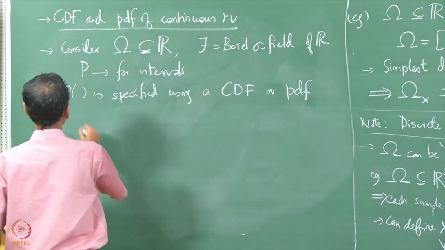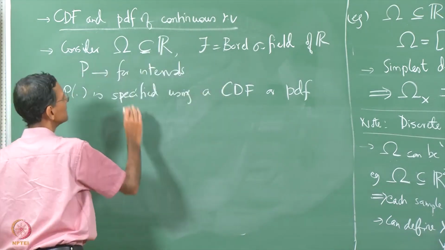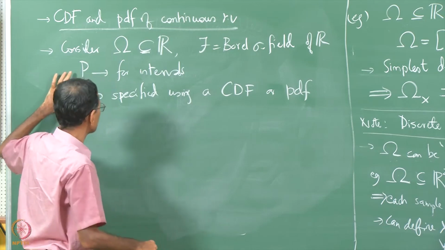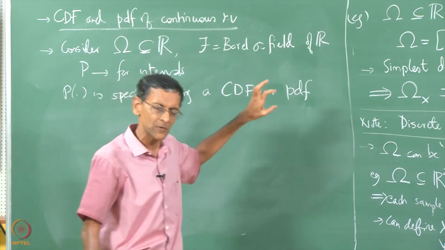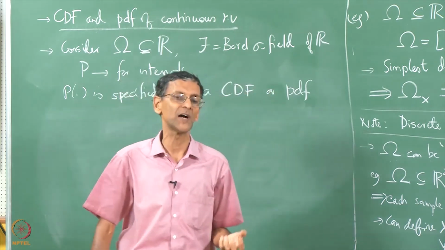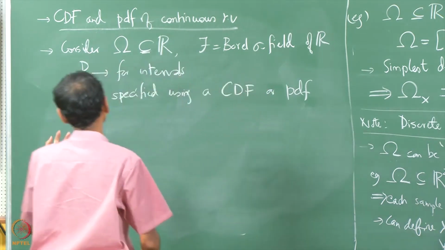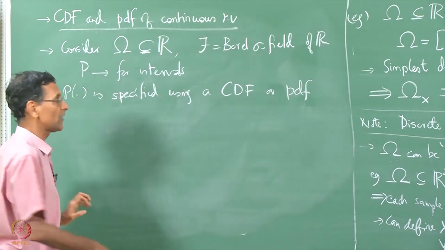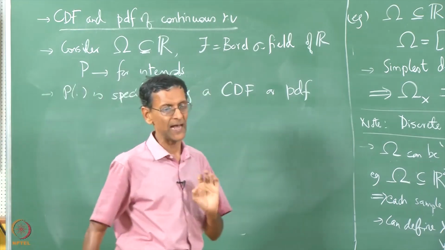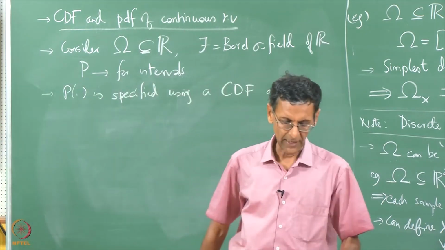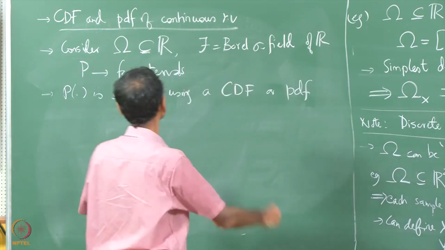Again I am not specifying which CDF or PDF to use. As we can see, we can use many different types of CDF or PDF models, and all of them will be consistent, and therefore at this point we are letting things be as general as possible, right. Okay, so now bringing in the random variable.